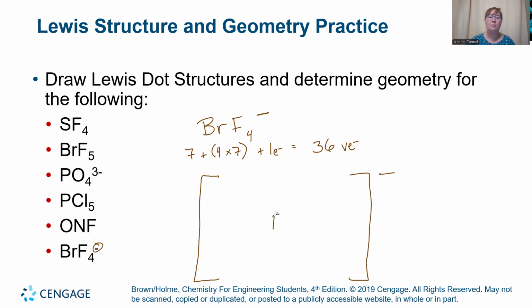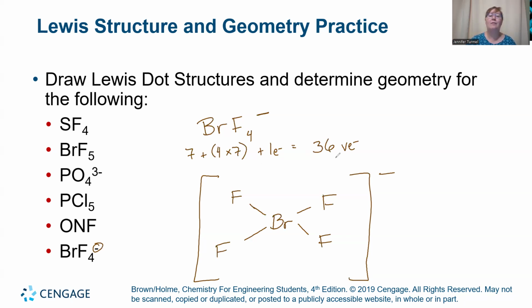What I'm actually going to do is I'm going to kind of draw it like this because I know that if it was BrF4, 8 on each fluorine like this would only be 32. Okay, because 8 times 4 is 32.